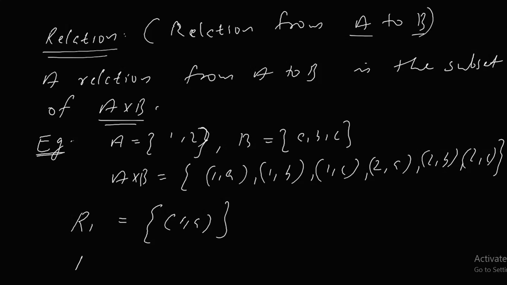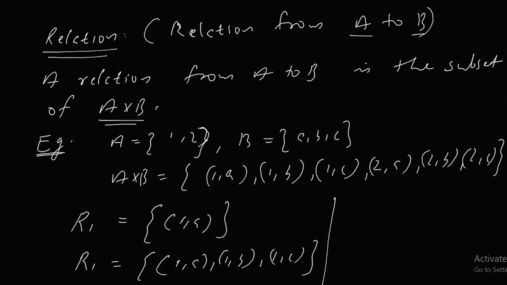If I choose another one, the set of 1a, 1b, and 1c, this is another relation. Or you can choose another relation R3, which is just A cross B itself. Every set is a subset of itself, so I can take R3 as A cross B itself, and that is a relation.